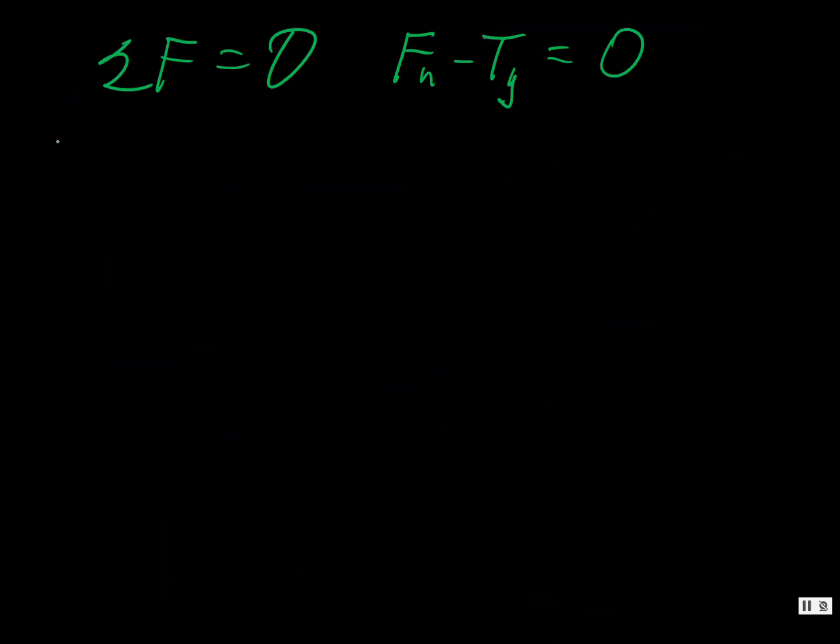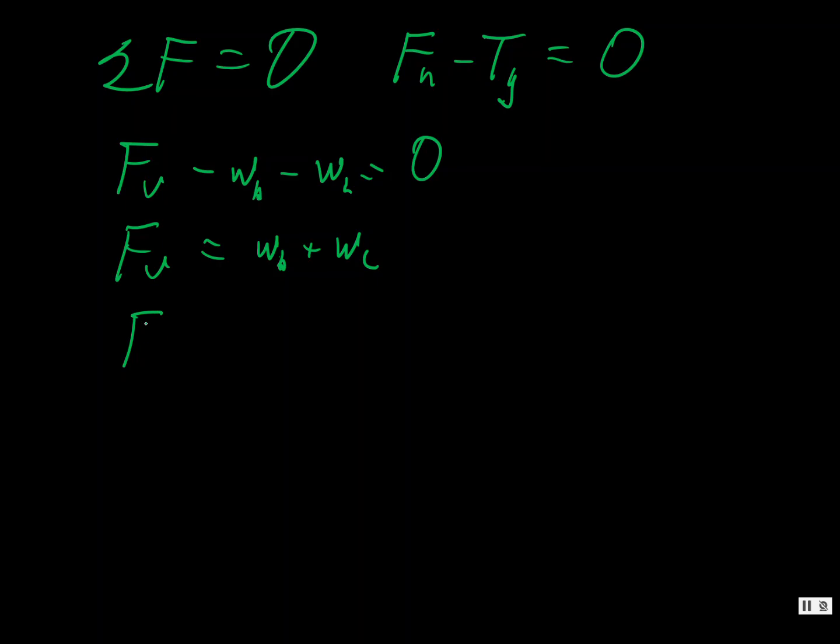So we write our equation like this. We say the vertical force minus the weight of the boom minus the weight of the load is equal to 0. So then the vertical force is equal to the weight of the boom plus the weight of the load.